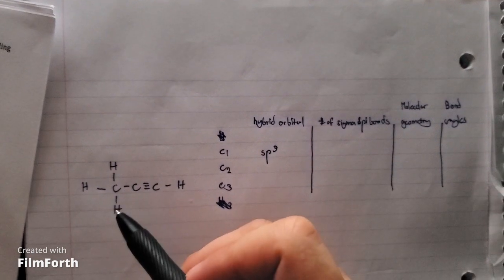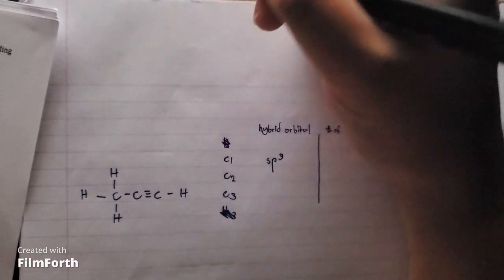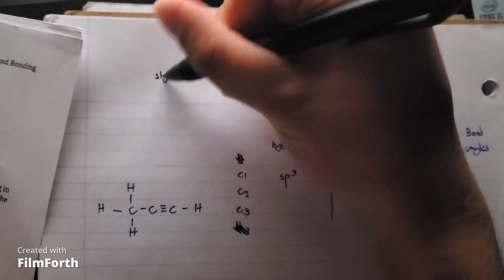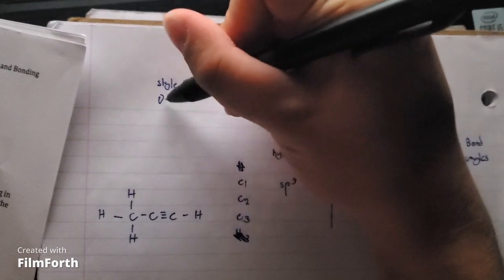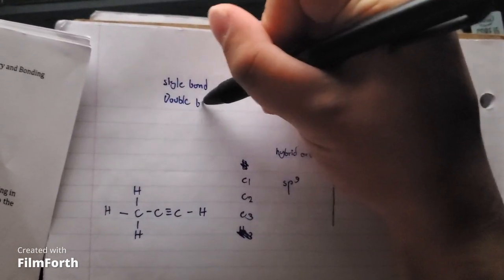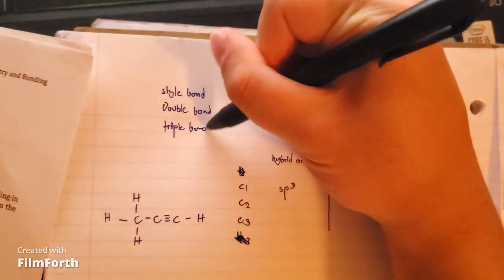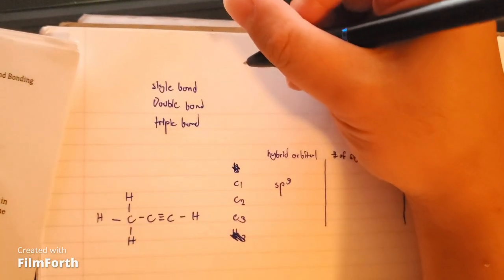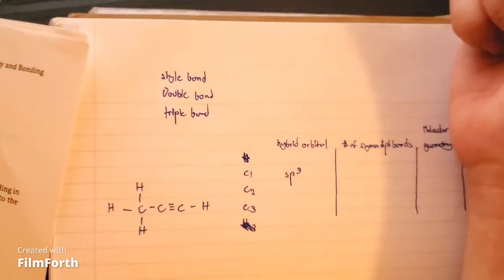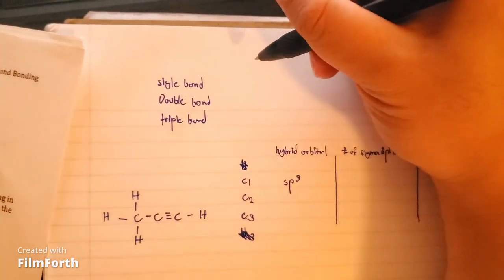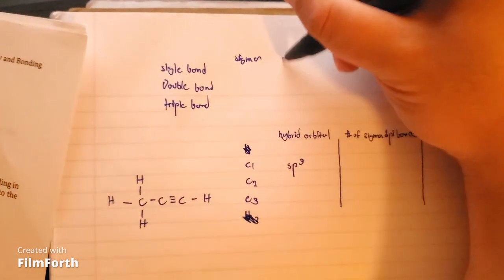So keep in mind these rules: for every single bond, double bond and triple bond, I'm going to tell you how many sigma and pi bonds there are. Let's just write it down.